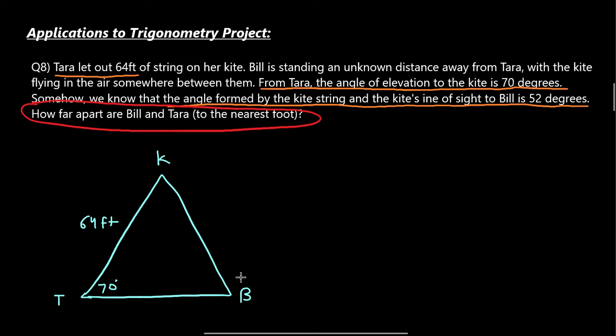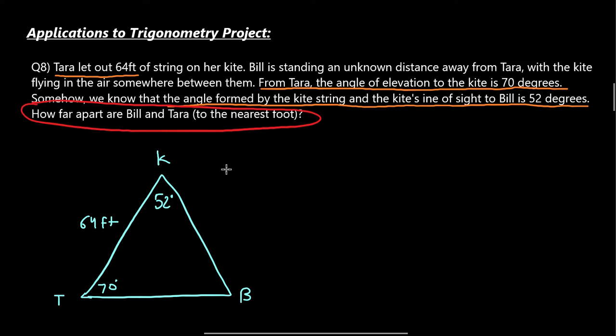This is his line of sight, this is the kite string, so we look at the angle formed between these two, which will be this angle, and that is 52 degrees.